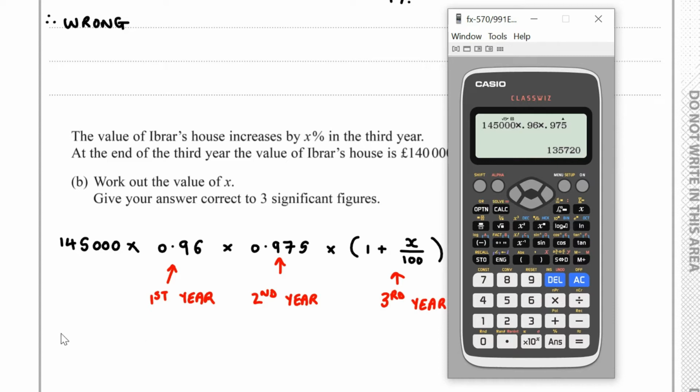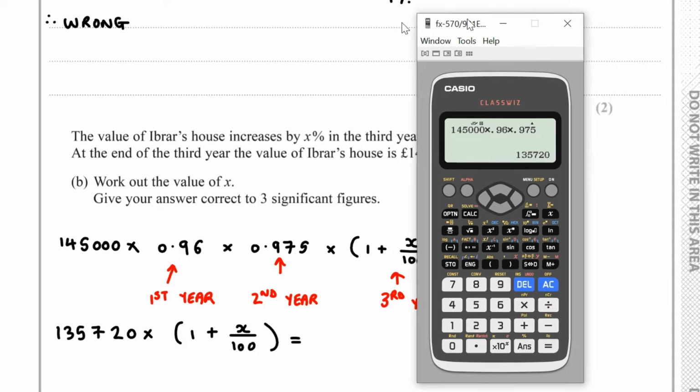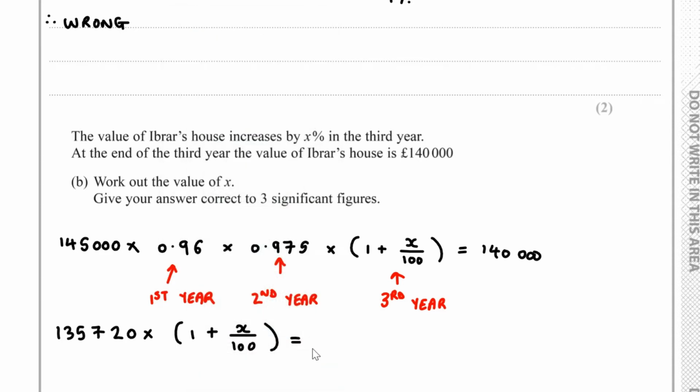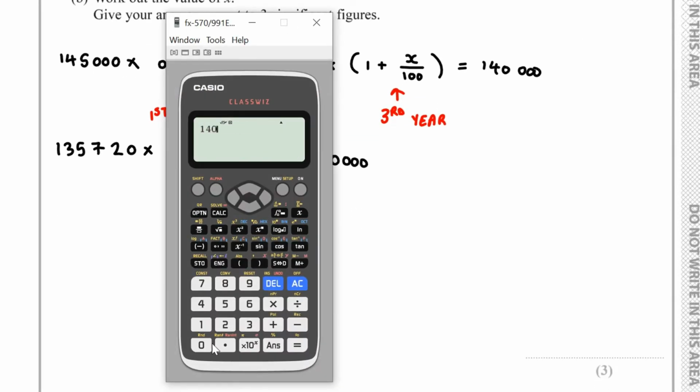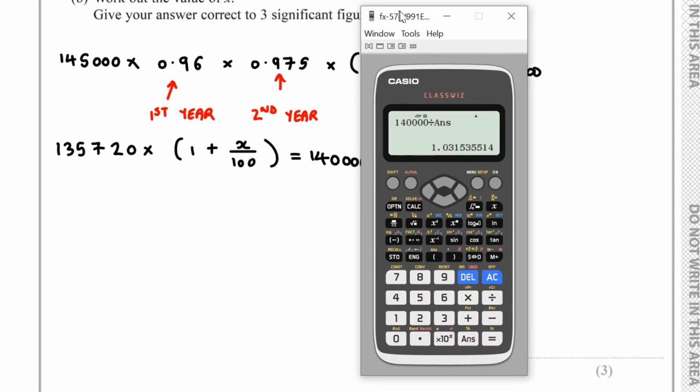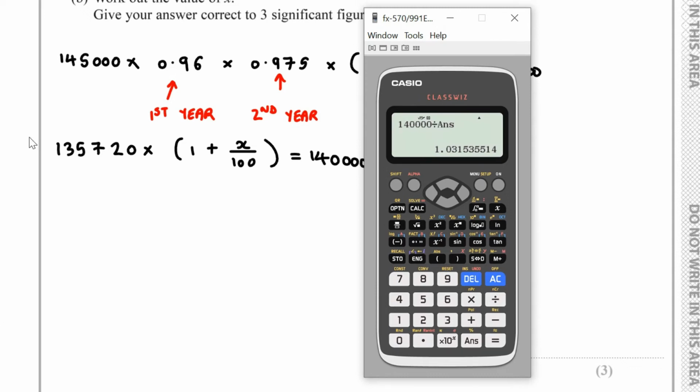This is 135,720. So I've got here 135,720 multiplied by 1 plus X over 100. This is equal to the amount that's left over, 140,000. So if I divide 140,000 by this amount, we get 1.0315.